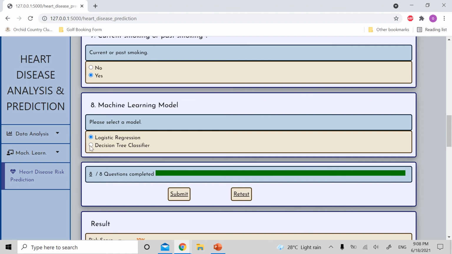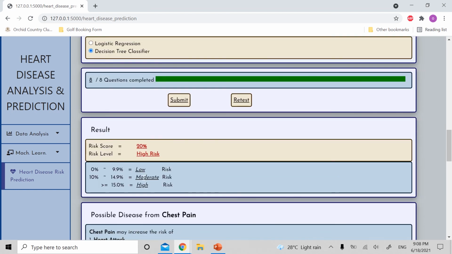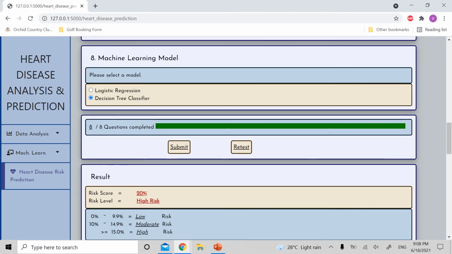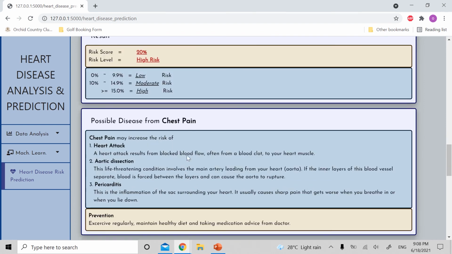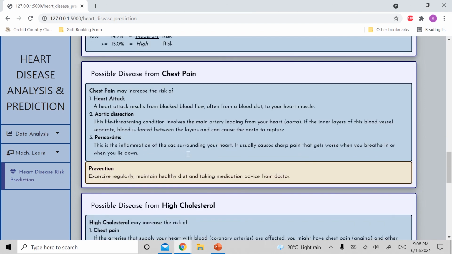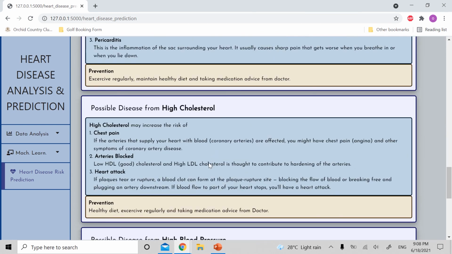So we try the decision tree and click submit. As you can see, when using the decision tree, the rate is higher, it's 20, which is above 15, and it should be considered high risk. The same as before, below we show the possible diseases for heart disease.